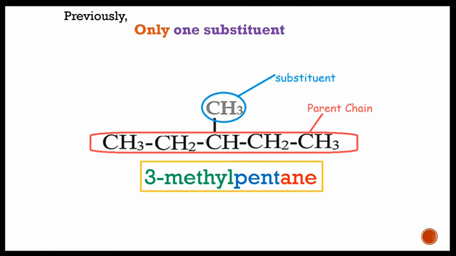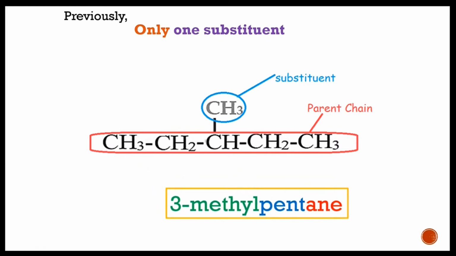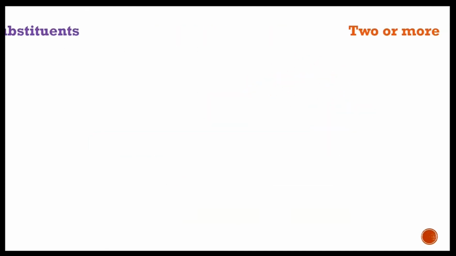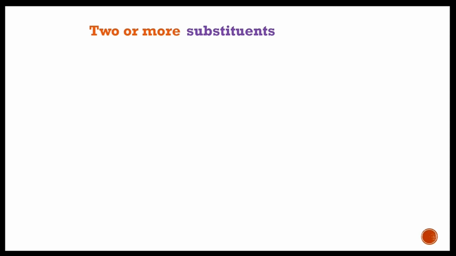So something like this can be named as this, where the parent chain will have a parent name, and then it is preceded by a prefix which talks about the substituent.